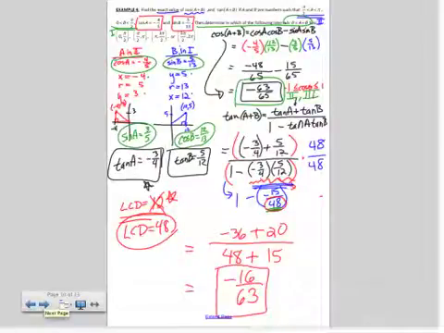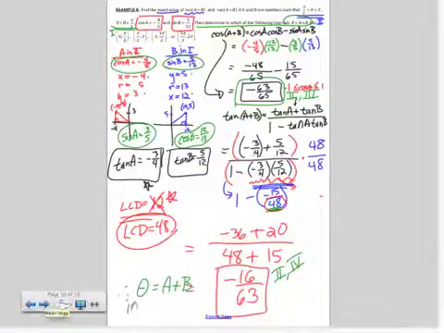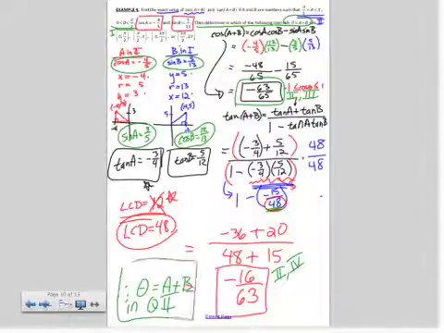And we have the tangent of A plus B negative. That means A plus B is in quadrant 2 or quadrant 4. So where is our A plus B? 2. Theta, which is equal to A plus B, is in quadrant 2.